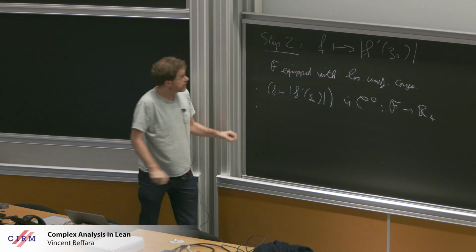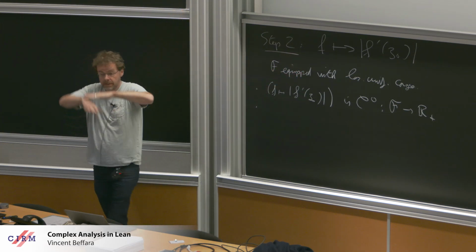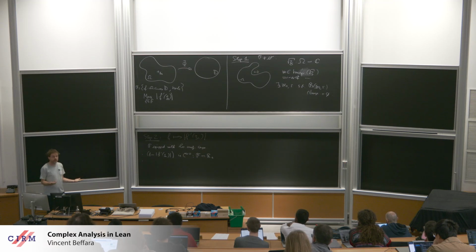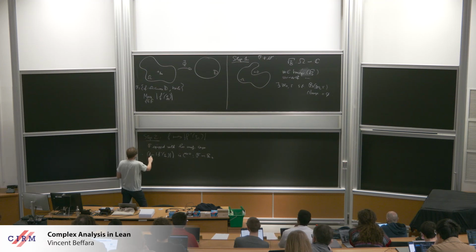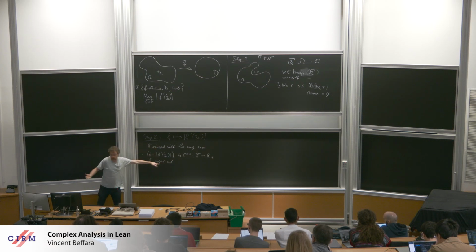Okay, and the second thing is that these functions f on this big set are uniformly bounded, and Montel's theorem tells you that they are equicontinuous. And then you have the Ascoli theorem saying that F is actually a compact set. So you have a continuous function on a compact collection of functions.